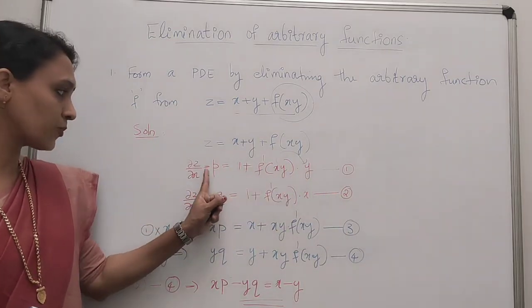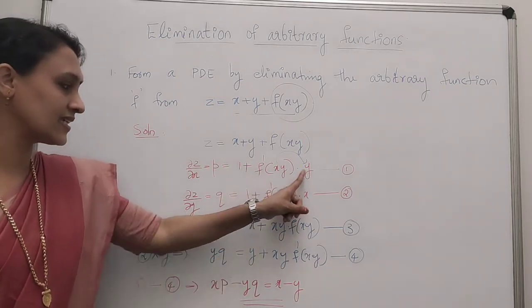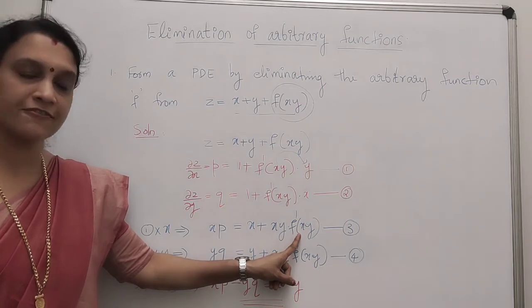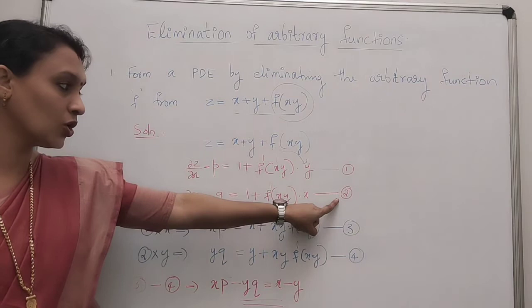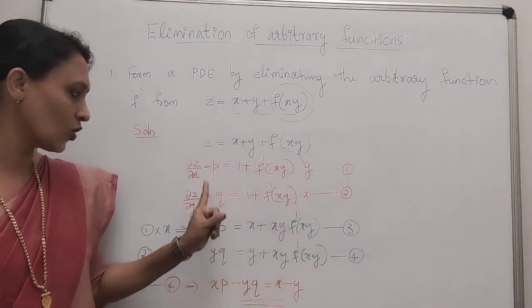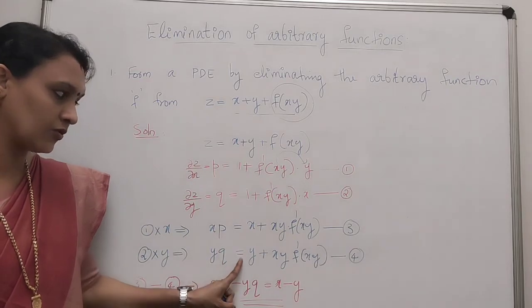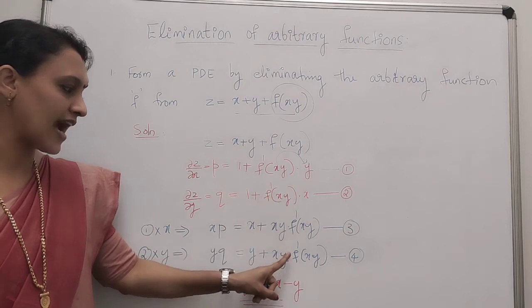So x into p, xp, equals x into 1, x, plus xy into f dash, and this is equation number 3. Again, equation 2 I am multiplying throughout by y. So it is yq equal to y plus xy f dash of xy.